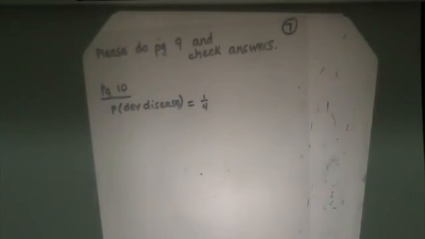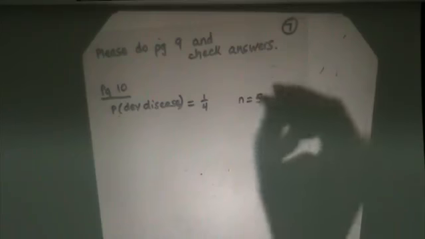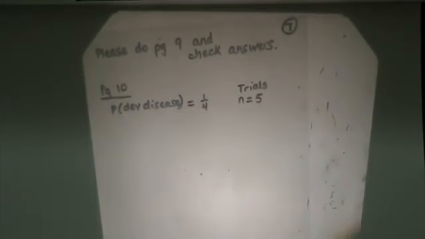Let the random variable X denote the number of workers from a possible sample of 5 workers. n equals 5. 5 trials. Every worker is an independent trial. Let X denote the number of workers from a possible 5 who develop the disease.